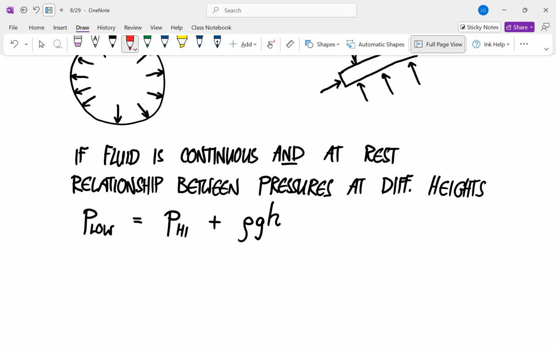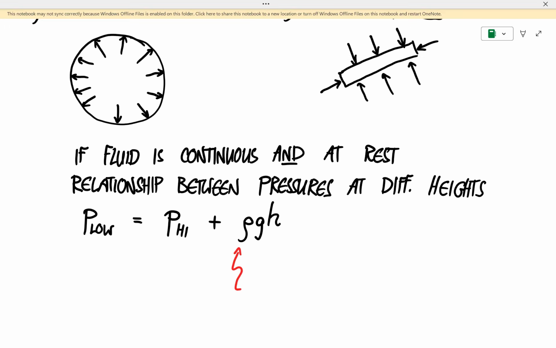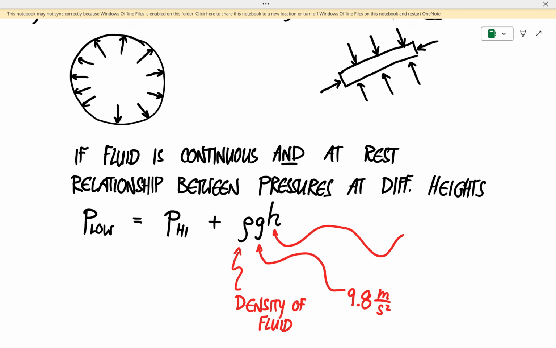So this is the density of the fluid. This g is, as long as we're on the surface of the earth, 9.8 meters per second squared. And h is the difference in heights between those two points of interest.